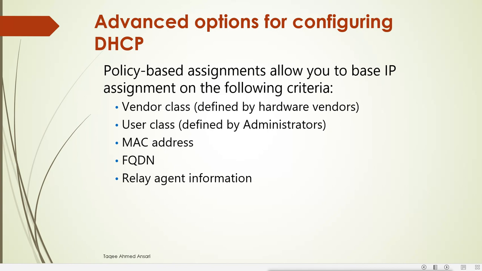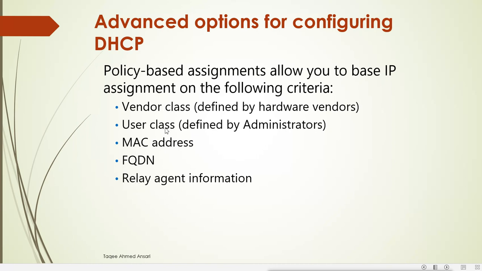Then we have some advanced options for configuring DHCP. First, policy-based assignment allows you to base IP assignment on the following criteria. When we configure the DHCP, we have the option to create policy filters. So we can create the filter based on vendor classes defined by the hardware vendor, user classes defined by the administrator, MAC addresses, fully qualified domain name (FQDN), and also relay agent information.